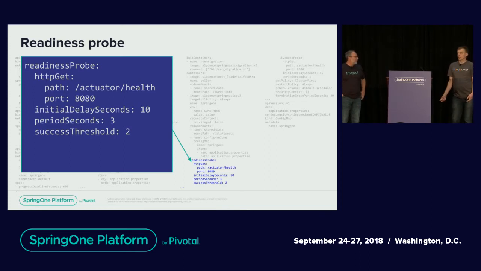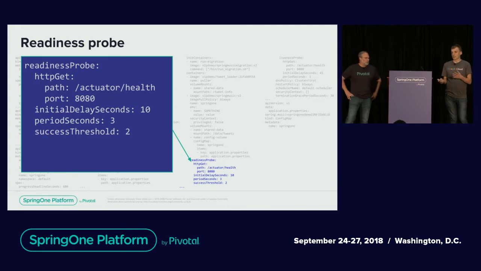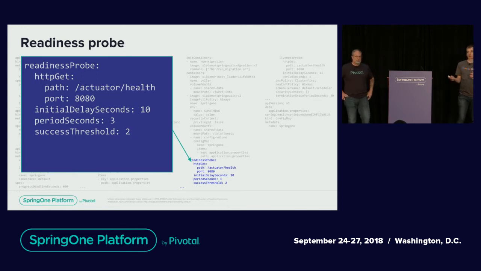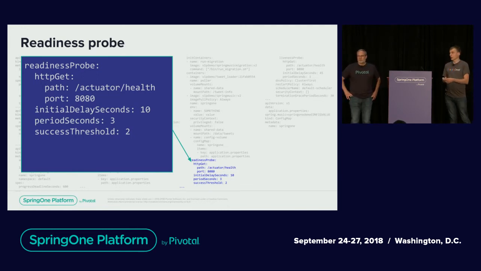So one thing is that pods are added to the service when they are ready. And by default, ready is when the container starts. But with a Java application, it takes a little more time than just starting the container. It will take some time to actually start serving traffic. And this way you can use a readiness probe.